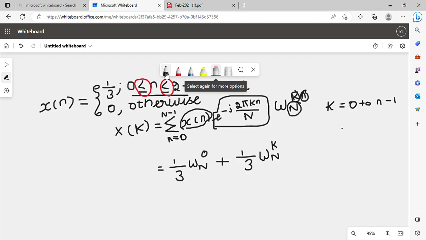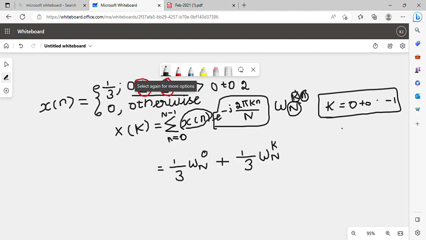We are telling that our k ranges from 0 to n minus 1, but we are not substituting the values of k, as here it is only told to substitute the values of n. It is giving the range only of n, not the range of k. So don't try to substitute the value of k. Keep the value of k as it is, saying that k ranges from 0 to n minus 1.